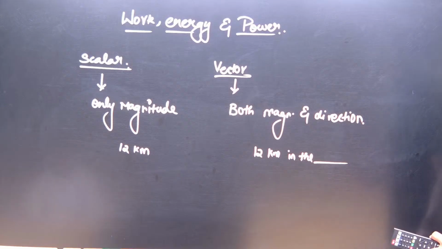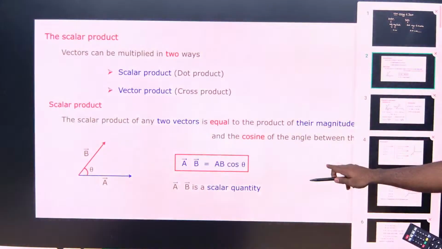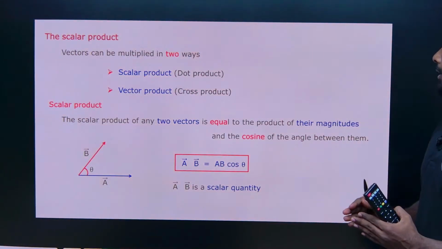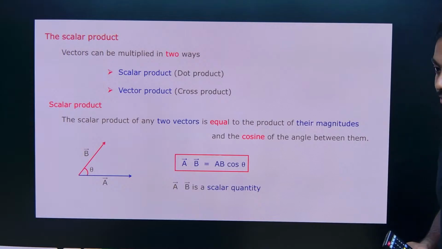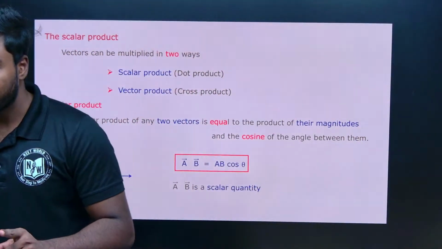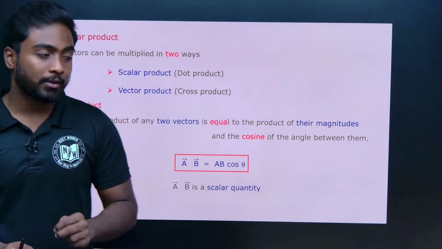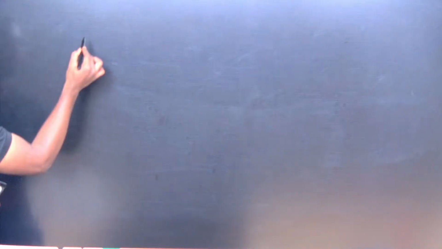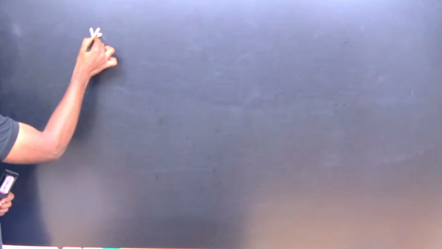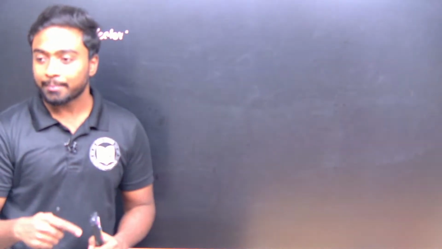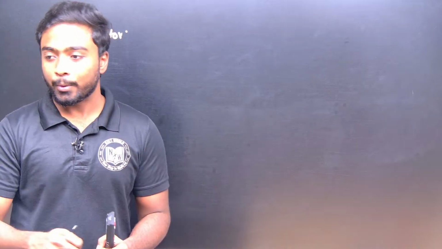Now we'll go into the scalar products. So vectors can be multiplied in two ways. One is a dot product, one more is a cross product. When I multiply two vectors, the resultant can be either a scalar or a vector product.